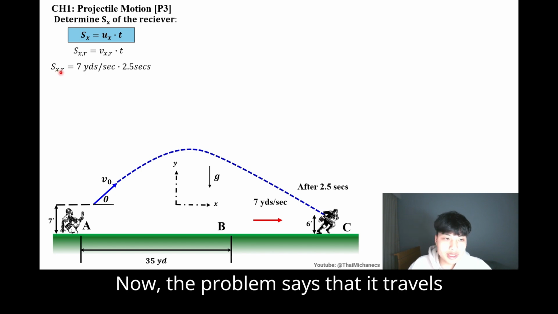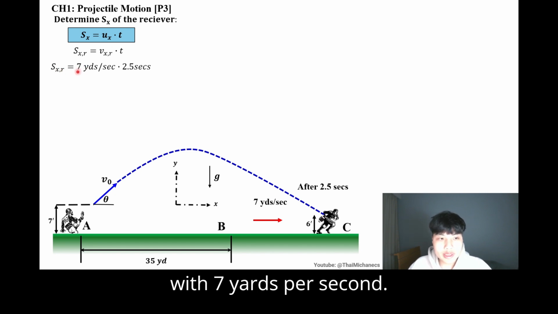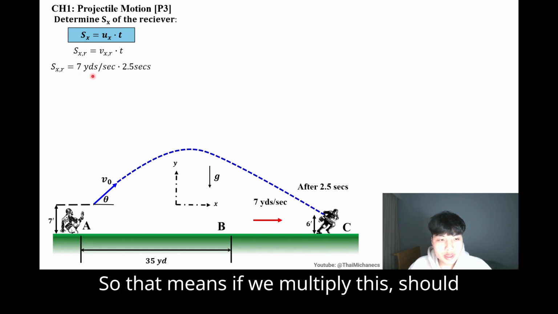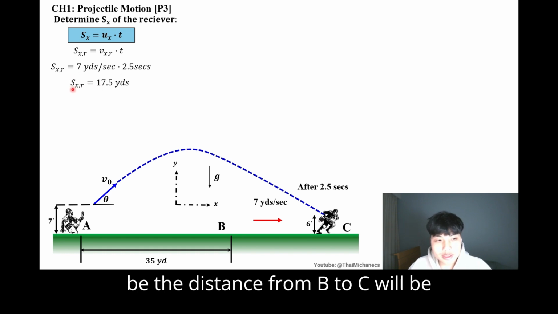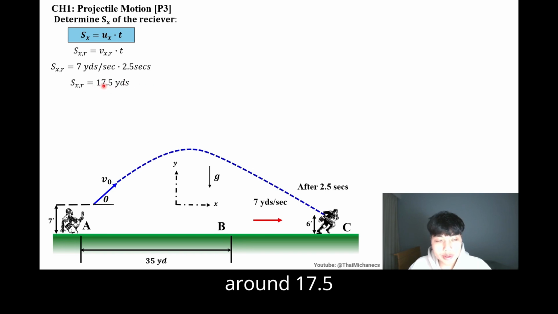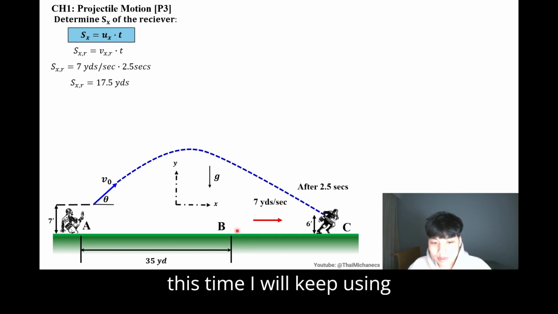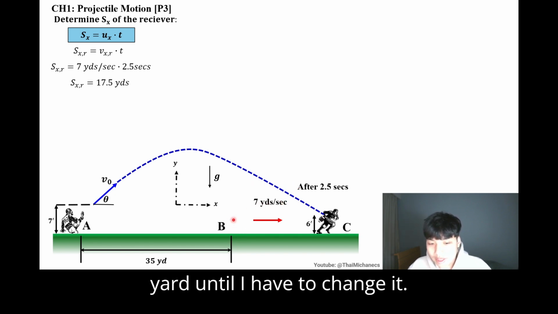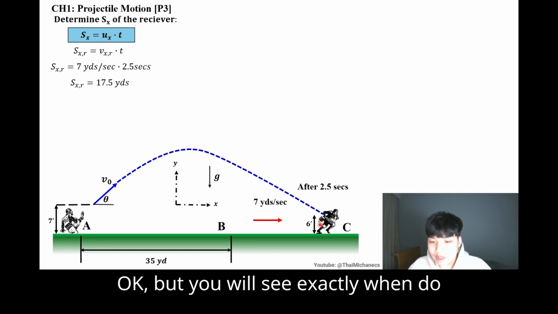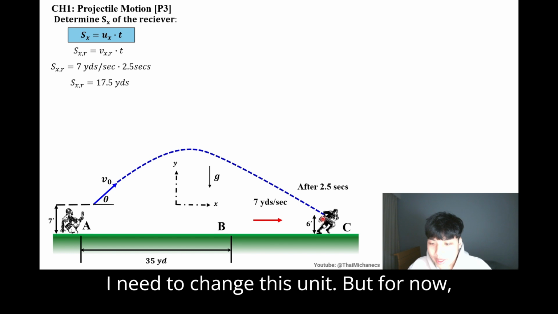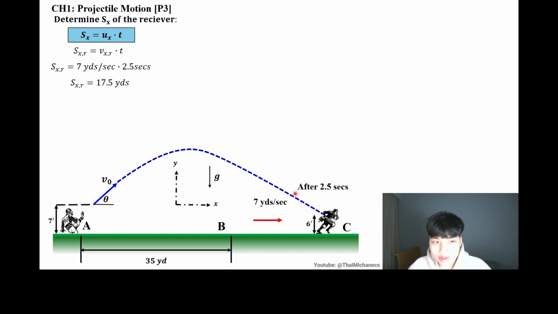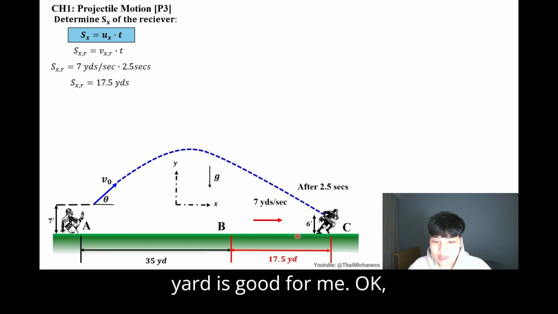The problem said it travels at 7 yards per second, so if we multiply this, the distance from B to C will be around 17.5 yards. You notice that the unit is not consistent again, but this time I will keep using yards until I have to change it. You will see exactly when I need to change this unit, but for now yards is good for me. 17.5 yards here.